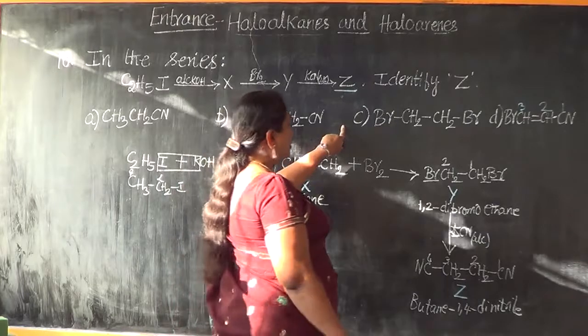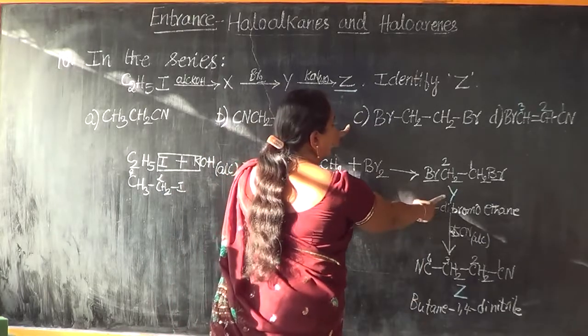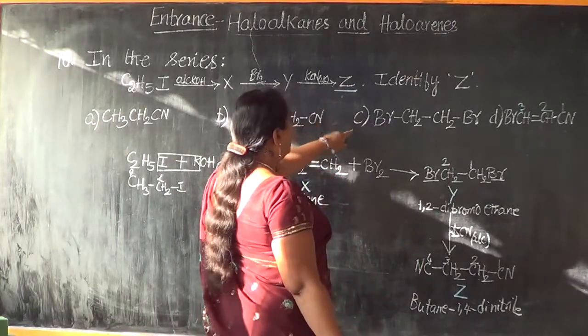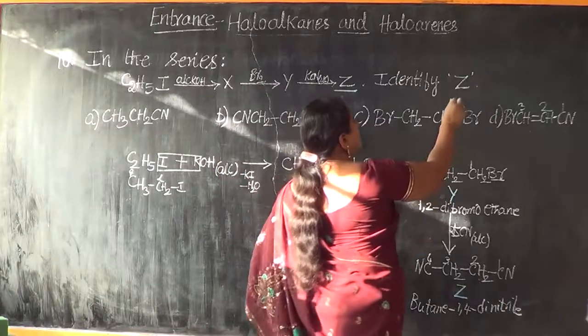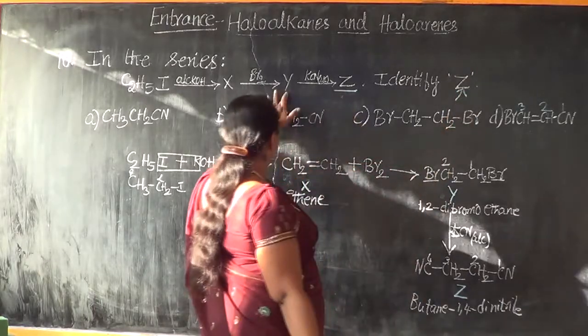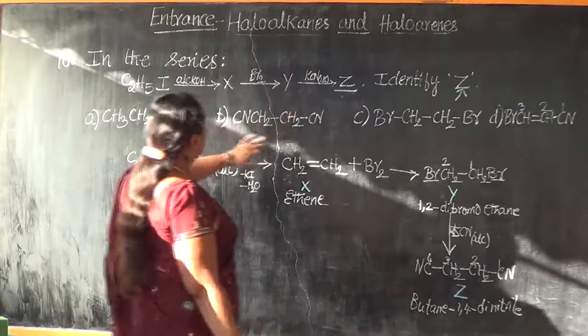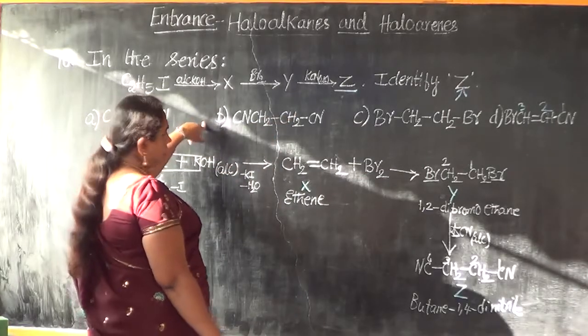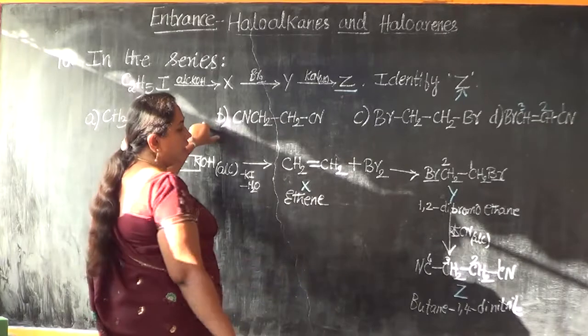Option C is Y. So that is not Z. We have been asked to identify Z, not Y. So therefore the option will be B. B is exactly like the answer that we have got.